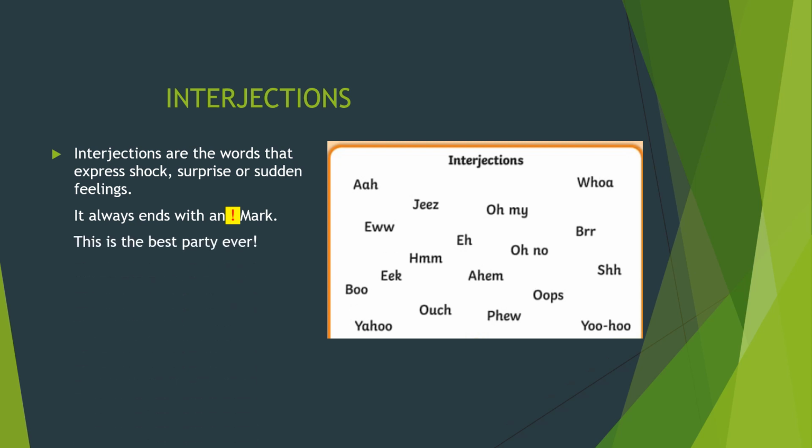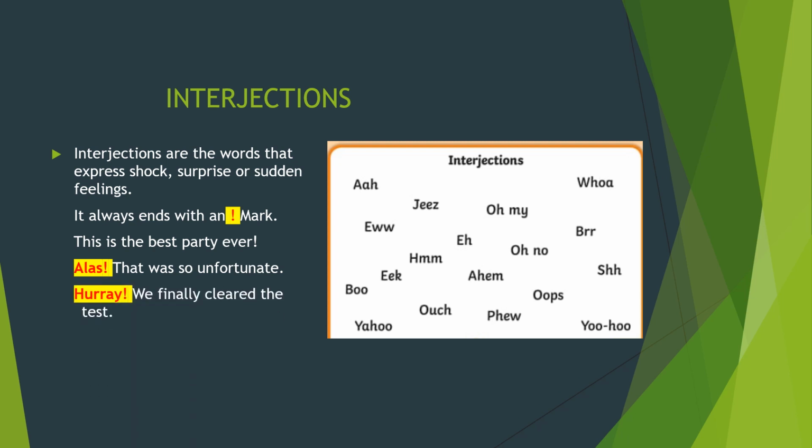So here is an example. This is the best party ever! So we are just expressing our happiness by mentioning the best party ever. Now, similarly, alas, that was so unfortunate! So alas is actually expressing your sadness or your feeling of pain.